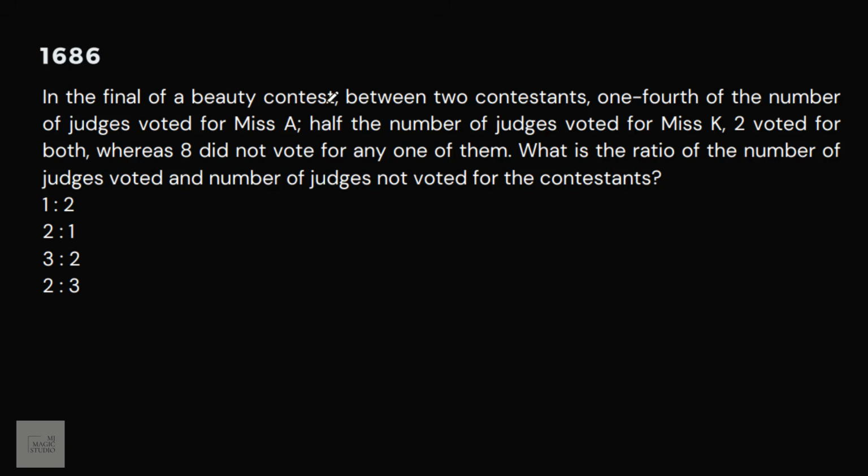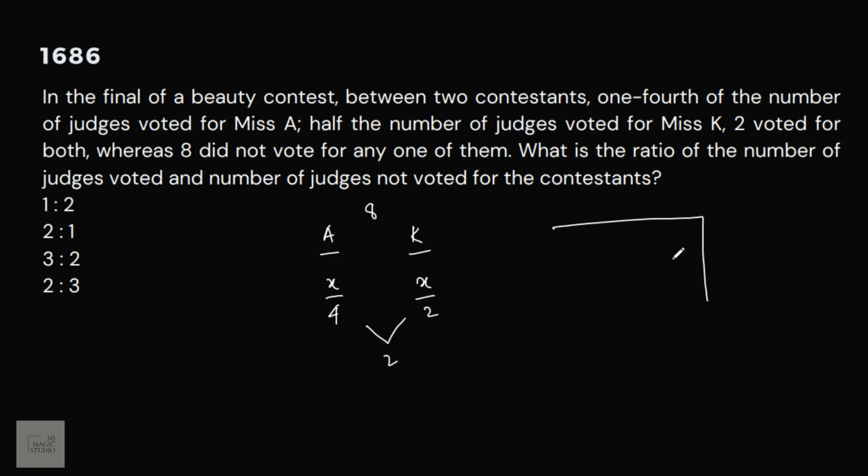In the final of a beauty contest between 2 contestants, 1/4 of the number of judges voted for Miss A. Half the number of judges voted for Miss K. 2 voted for both, whereas 8 did not vote for any one of them.